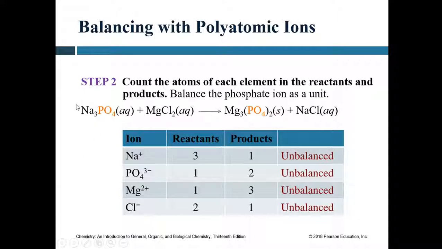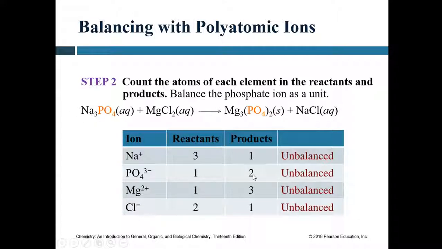So if I put a 2 right in front of the Na3PO4, the only problem with that is now I would have 2 times 3 sodiums. Well, there's no problem with that because that's called balancing. So now just remember, we're going to have 6 sodiums. We'll have 2 of the phosphates because we put a 2 here.